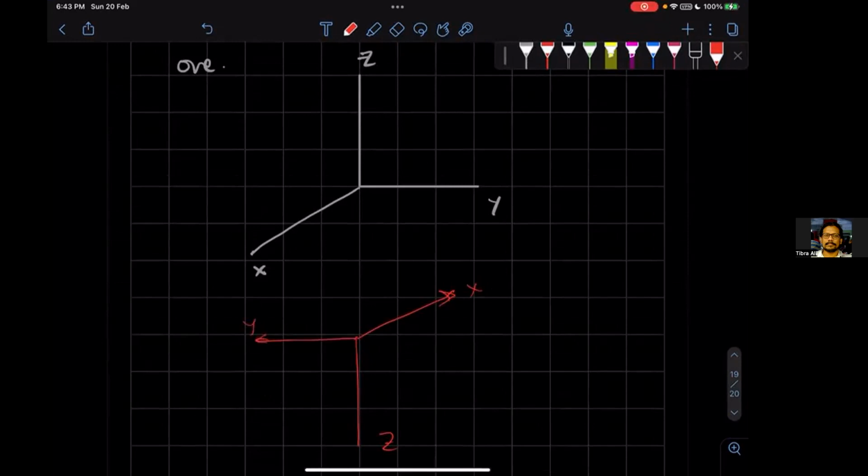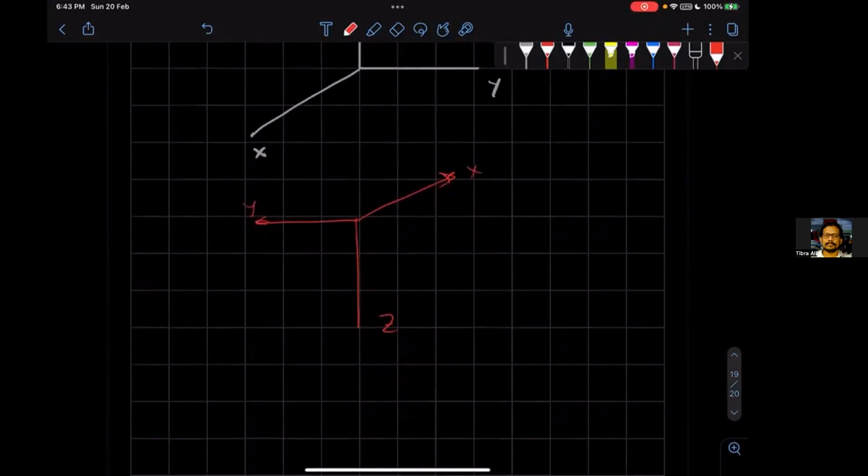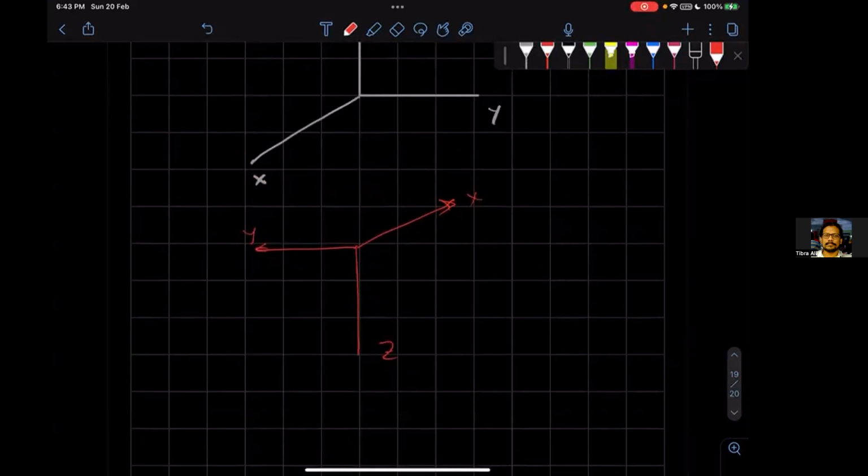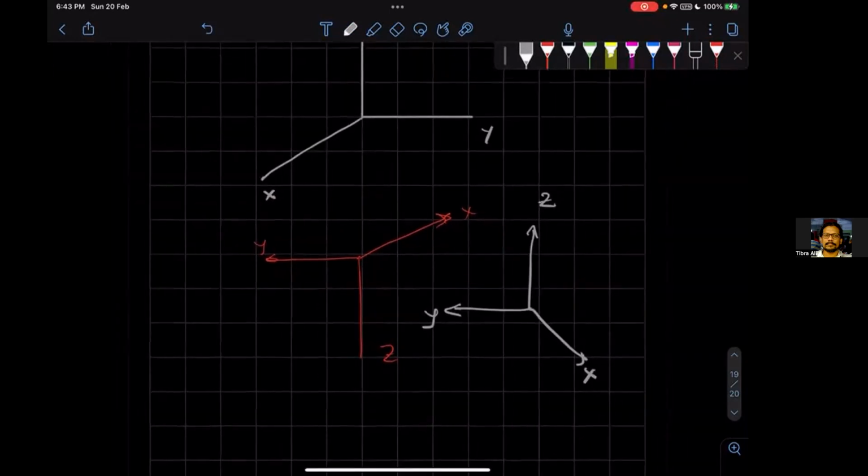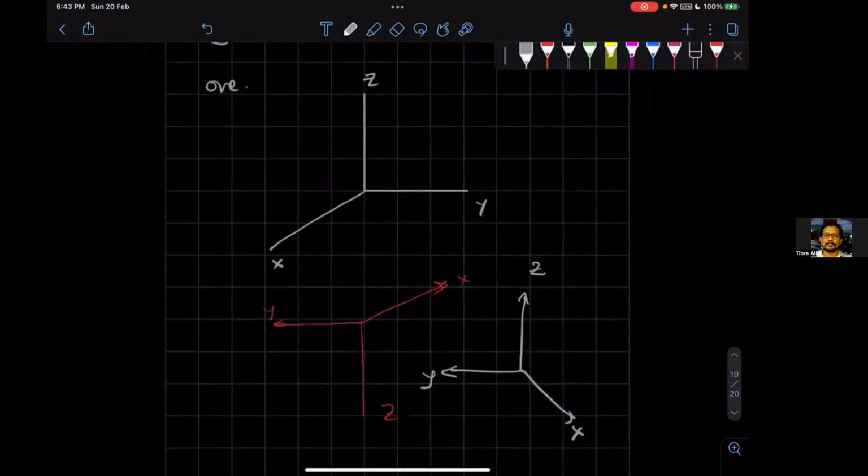Which you can again rotate, and if you rotate this around the Y-axis, then Z goes up this way, Y goes this way, and X goes this way. And as you can see, this cannot be rotated into this, right? So there is no rotation connecting these two.